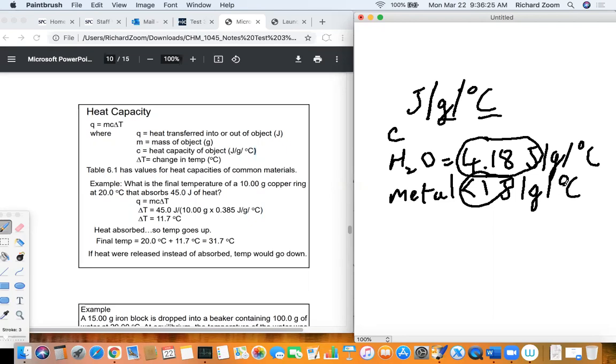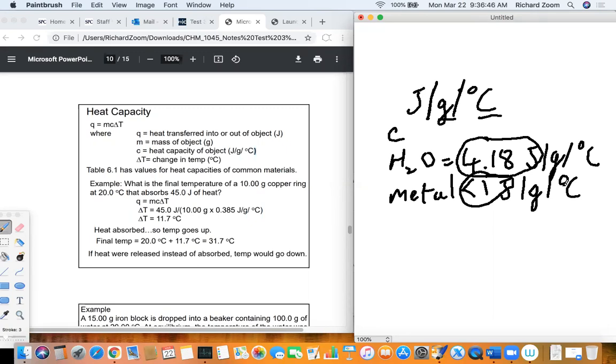I know a lot of you have heard the saying, a watched pot never boils. When you're watching water boil, it seems to take ages, and the reason is that it has such a high heat capacity. For every gram of water in the pot, to raise it 1 degree Celsius, you need to put in 4.18 joules.